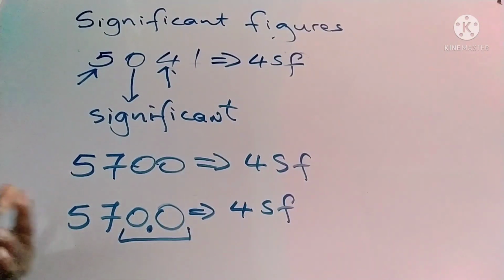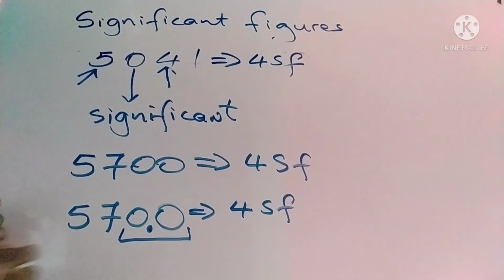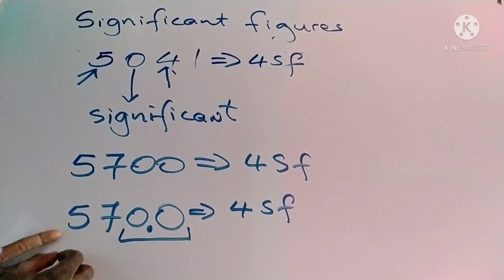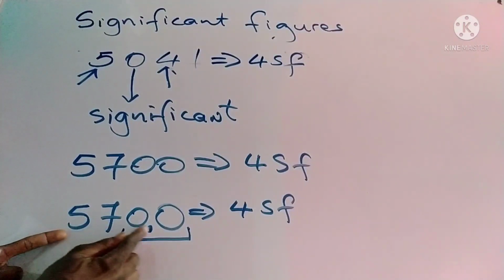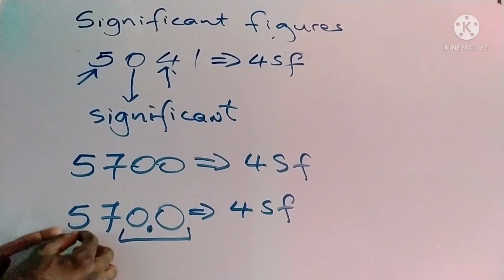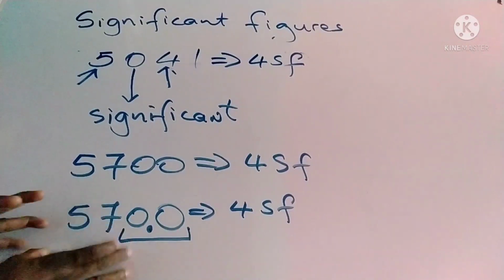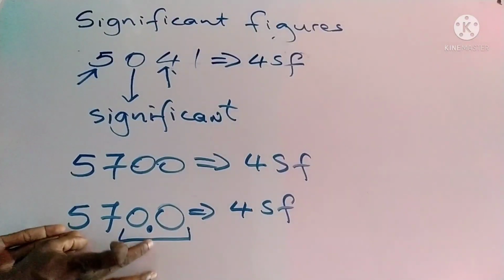And sometimes the logic behind it is like this. This is all about measurement. If somebody sent this measurement to me and they said, okay, the measurement that I got was 570.0, the fact that they took the time to write 570.0 would have meant that whoever was writing up the measurement saw this as necessary.